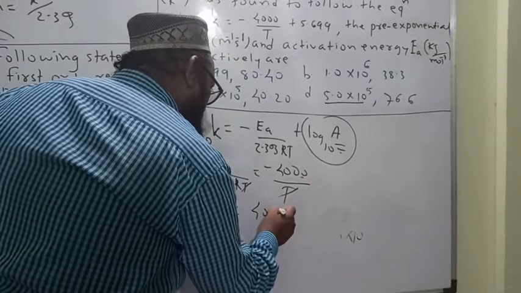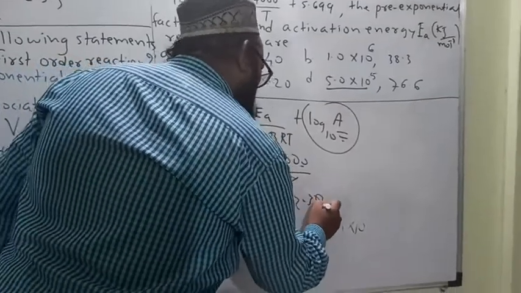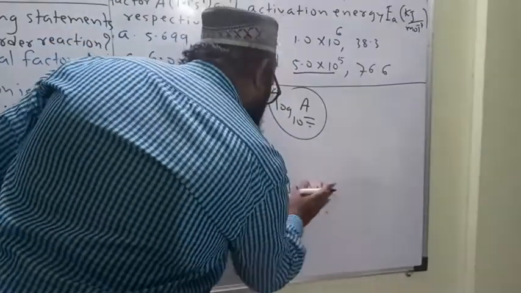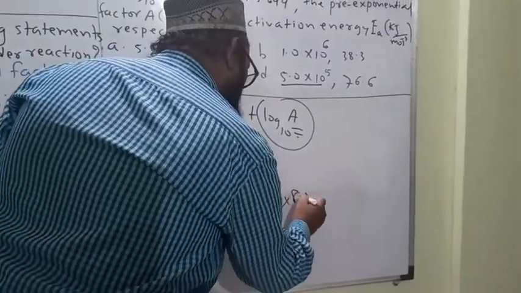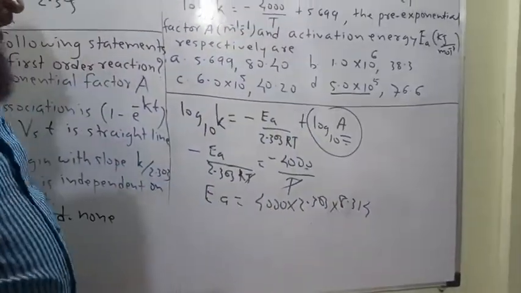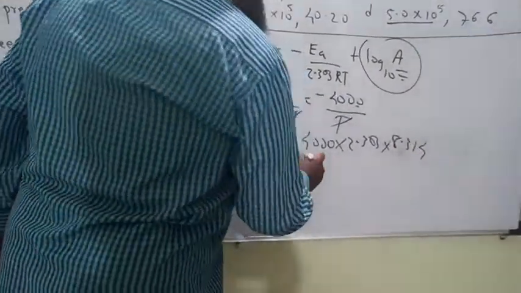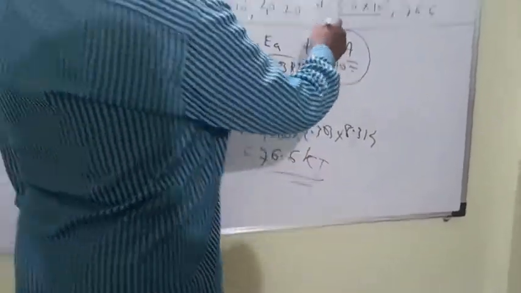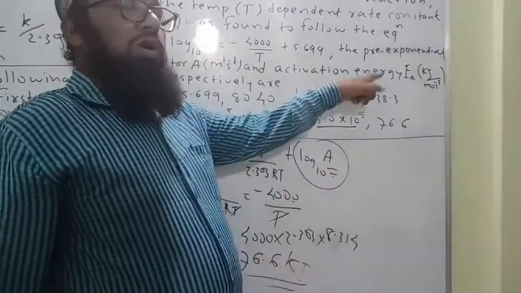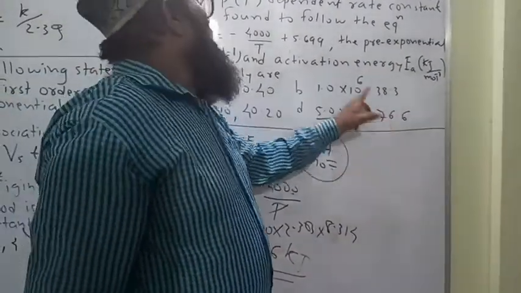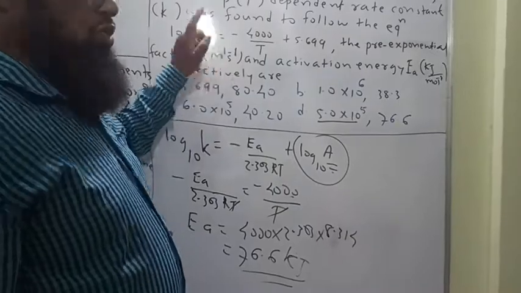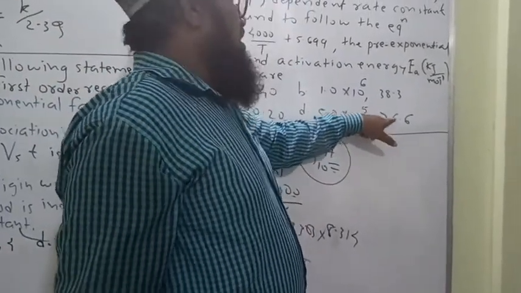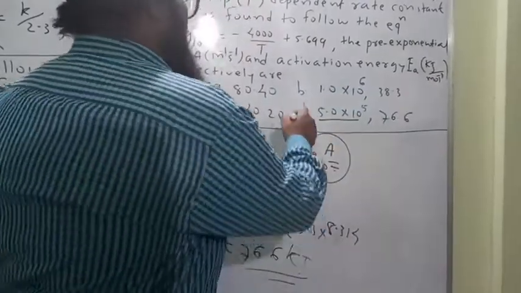Ea is equal to 4000 into 2.303 into 8.314. If we multiply this, the value comes to 76.6 kilojoule. Therefore, A is 5.0 into 10 raised to 5, with unit molar raised to minus 1, second raised to minus 1, and energy of activation Ea is equal to 76.6 kilojoule per mole. D is the correct option.